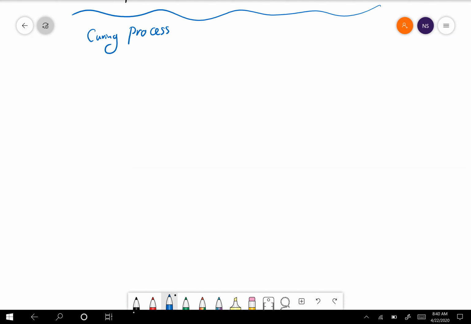So the curing process includes maintaining moisture and temperature.